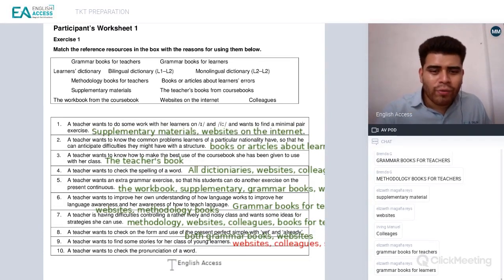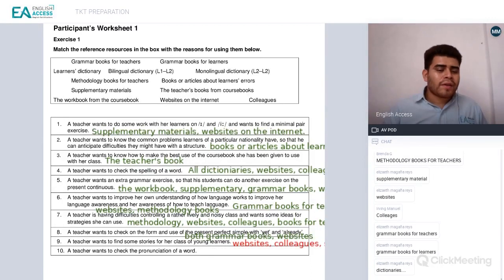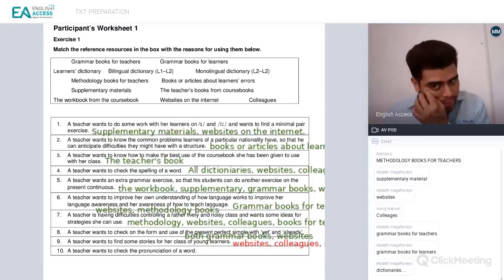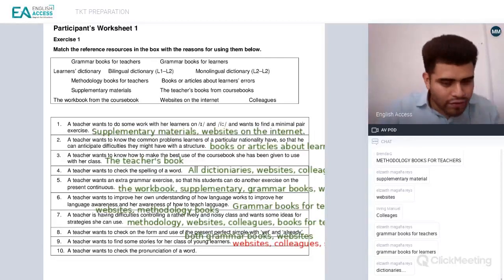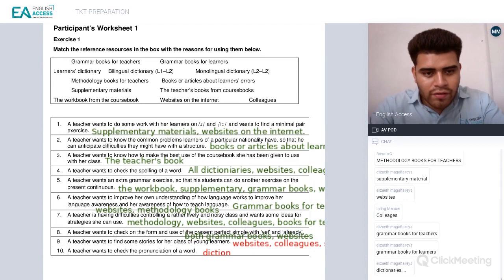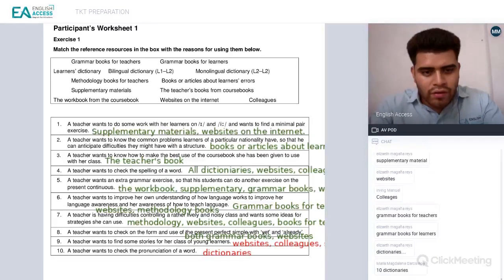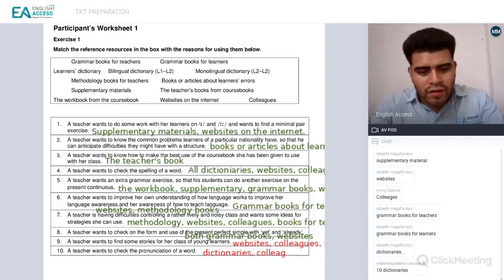Okay. Well, let's do number 10. A teacher wants to check the pronunciation of a word. Yes. All the dictionaries and even colleagues.